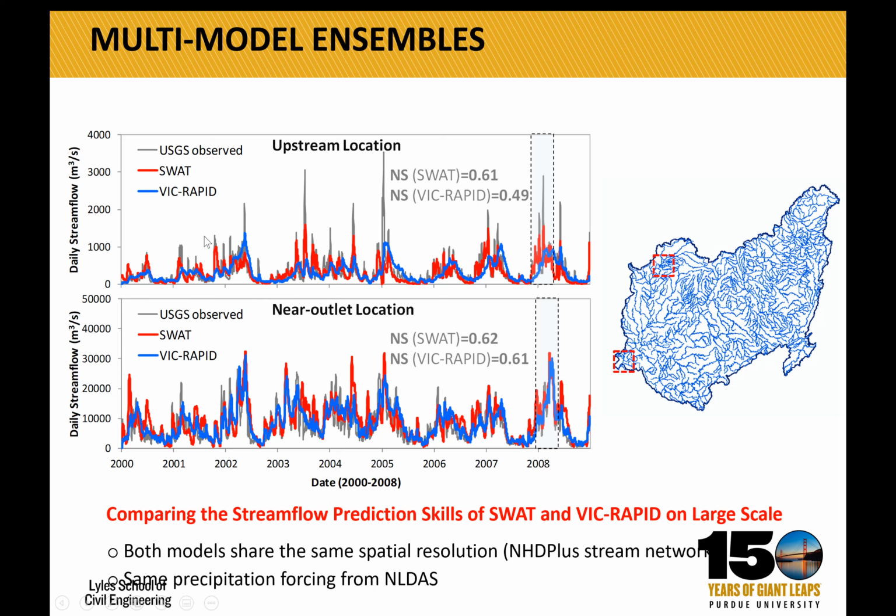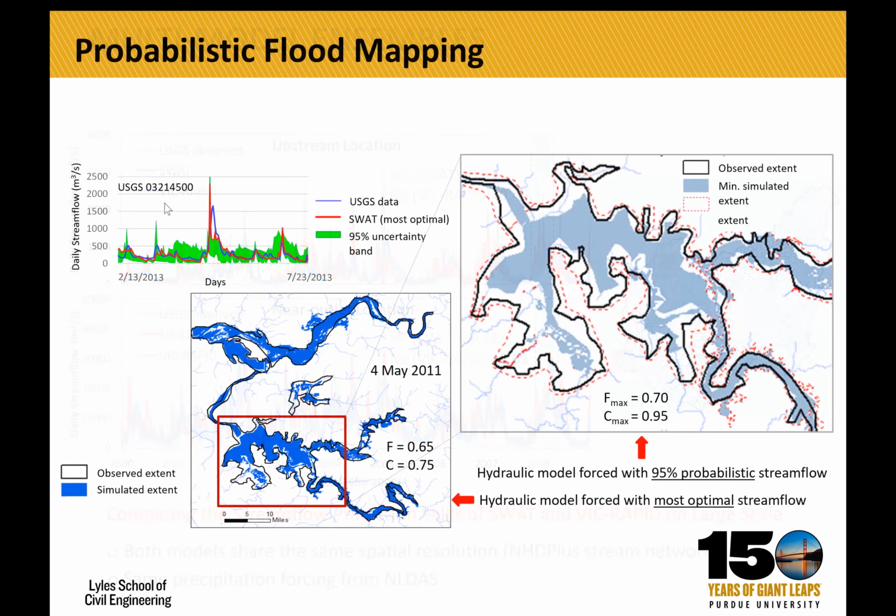In this case, we are using only two models, but the idea is that if we have more observations, more models, we should come up with a probabilistic estimate of stream flow, and then that probabilistic estimate will give us probabilistic flood inundation, where we have more confidence in what we are presenting.